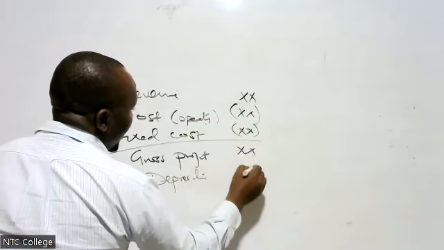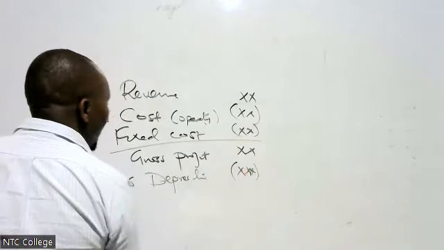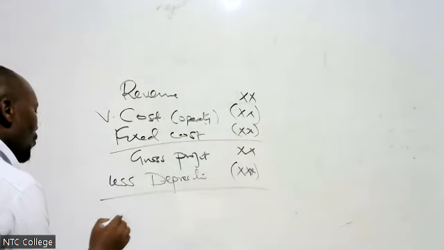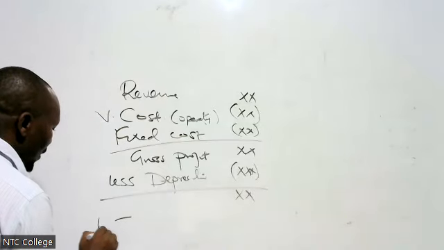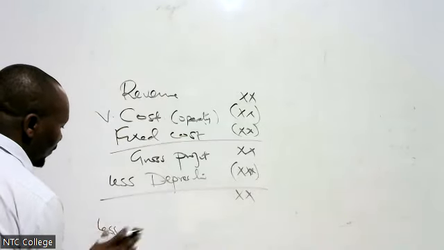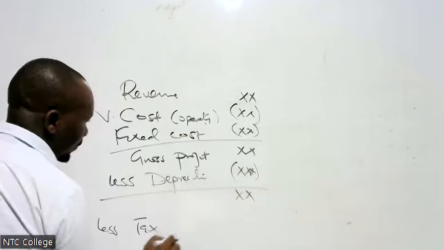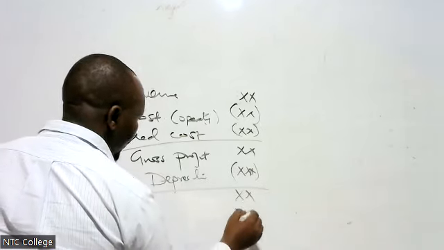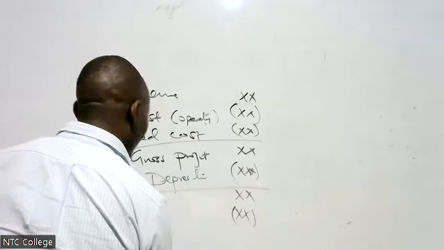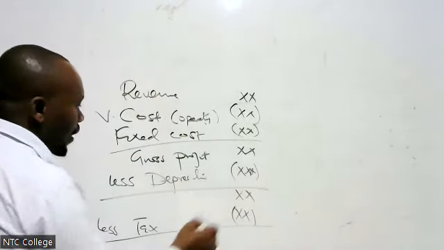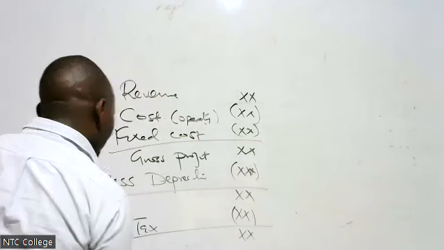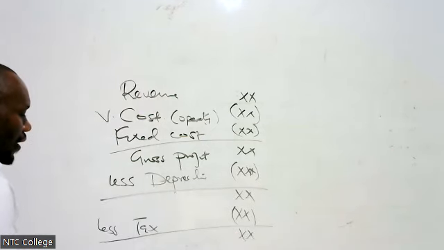We have the amount there. Then now you minus the answer that you get, you do what? Minus tax. Less tax. So we're going to have that amount there.